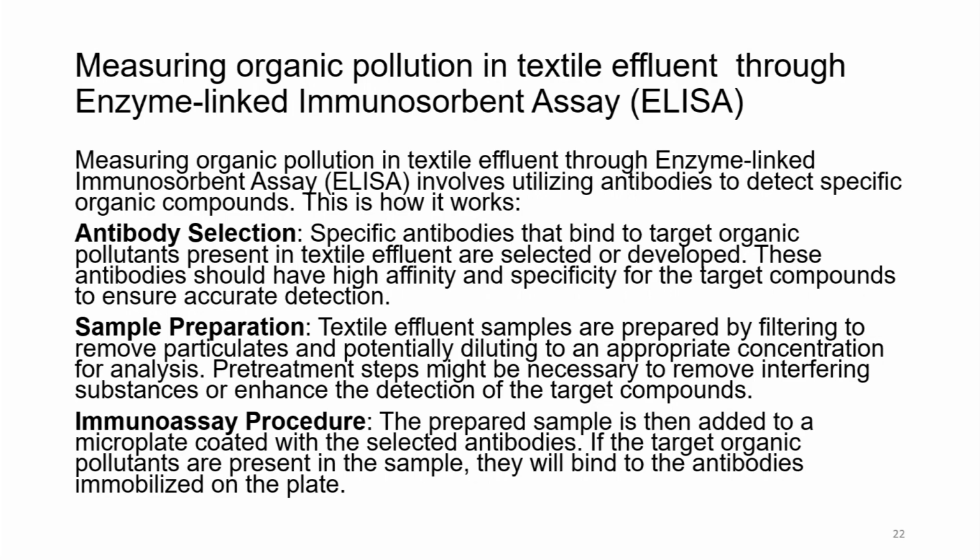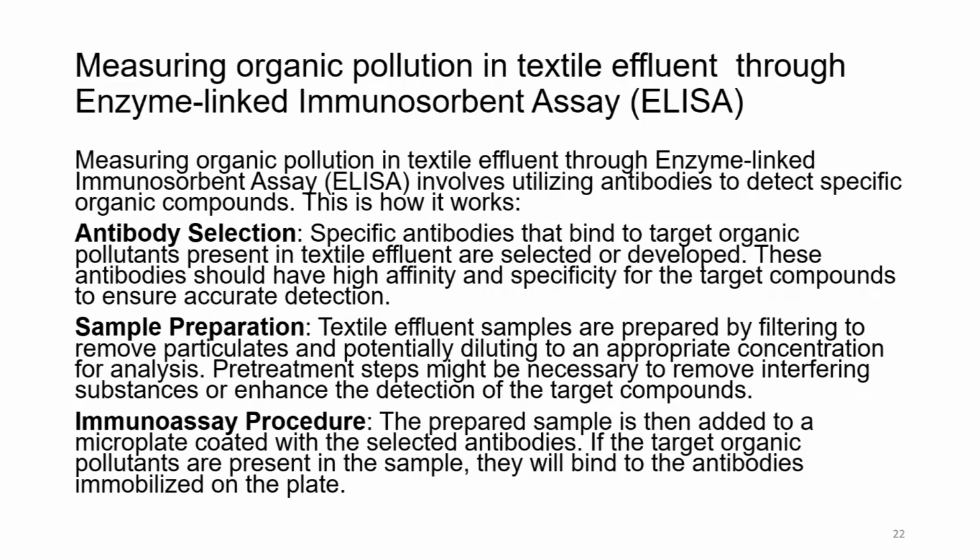Textile effluent samples are prepared by filtering to remove particulates and potentially diluting to an appropriate concentration for analysis. Pre-treatment steps might be necessary to remove interfering substances or enhance the detection of the target compounds.